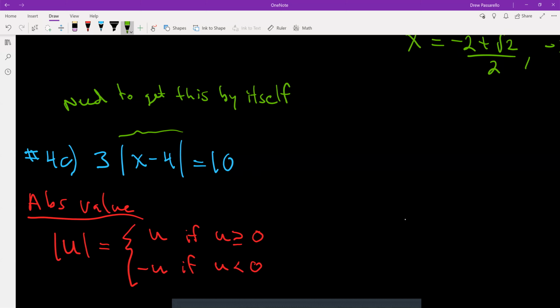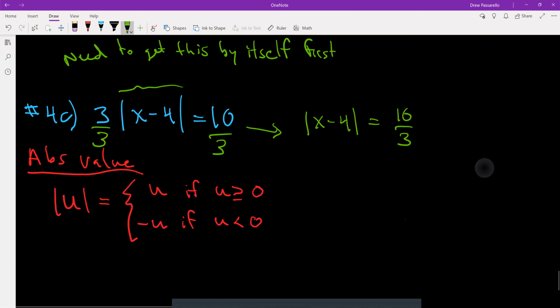I need to get the absolute value quantity by itself first, meaning I would divide both sides by 3. So that gives me the absolute value of x minus 4 equal to 10/3. And because of the absolute value, I'm going to have two scenarios.